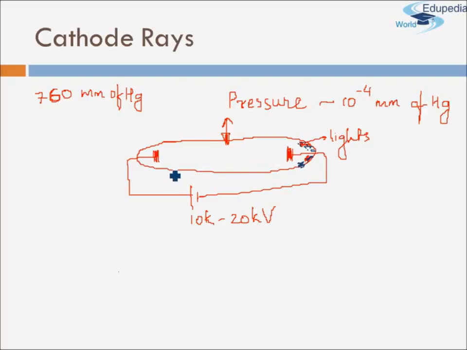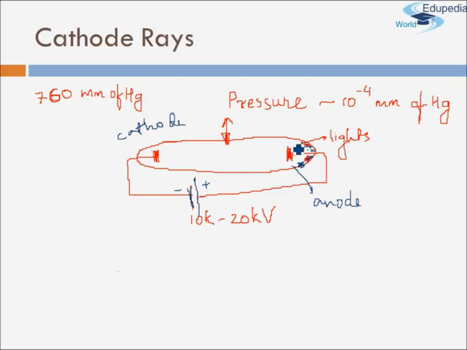So you have a closed room, you have switched off all the lights, and when you have maintained the pressure at this value and increased the voltage to this value, what you found was that the room was dark, the tube was also dark, but this part of the tube, the anode end, was not. This is the anode end, positive, and this is the cathode end, negative. At the anode end they saw flashes of light.